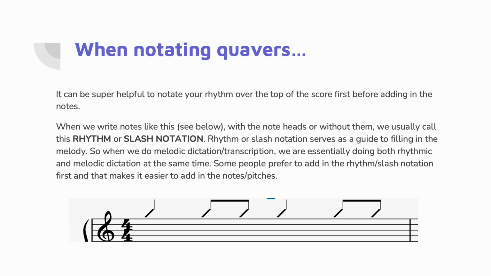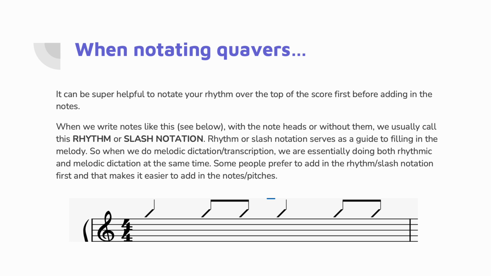When notating quavers, it can be super helpful to notate your rhythm over the top of the score first before adding in the notes. When we write notes like this, see below, with the note heads or without them, we usually call this rhythm or slash notation. It serves as a guide to filling in the melody.